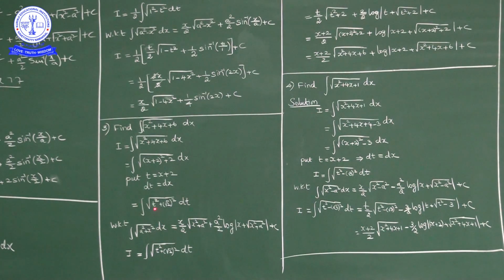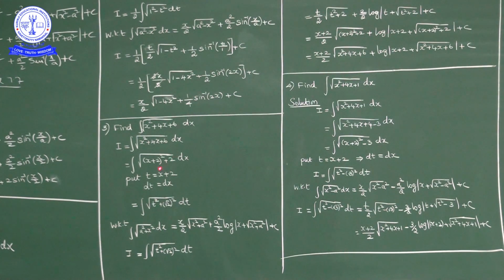Wherever x is there, x is replaced by t. So this part reduces to t by 2 into square root of t square plus 2 plus a square by 2. A square is 2, no? So 2 by 2 into log mod t plus square root of t square plus 2 plus c.